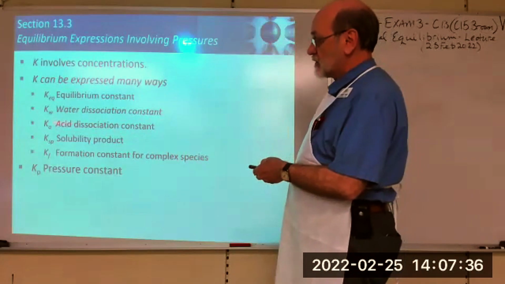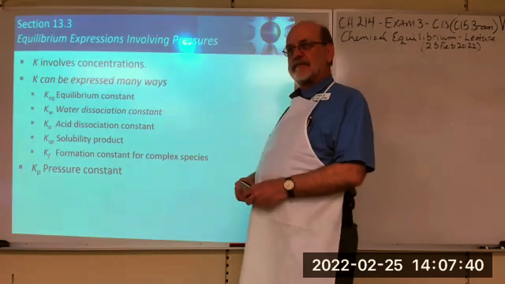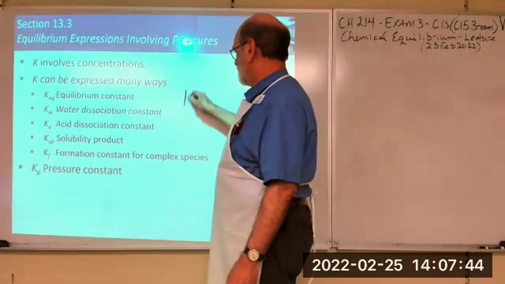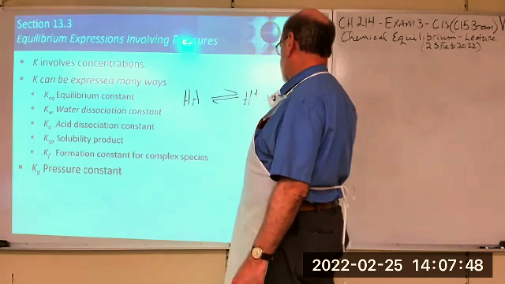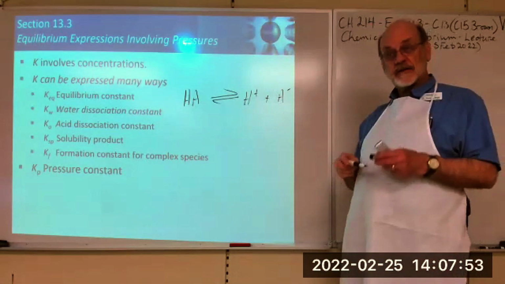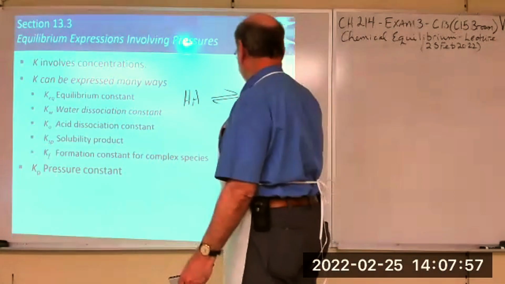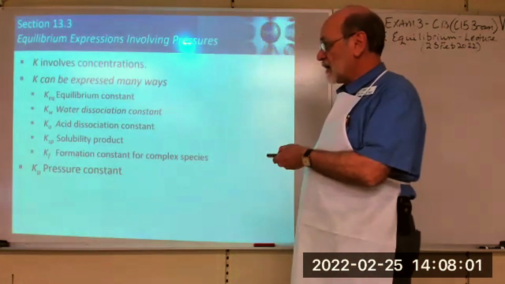Acid dissociation constant. This works for any acid. It'll just be your generic HA, and it'll produce hydrogen ions plus that. There's a constant that goes with that for each of the acids. Solubility product.